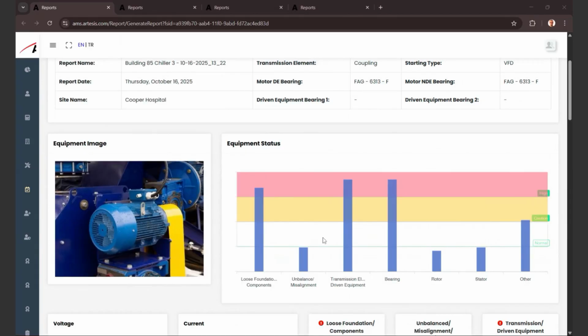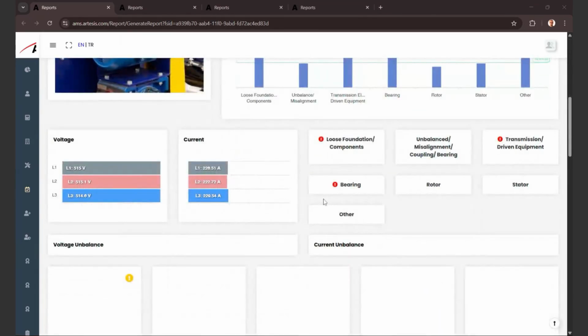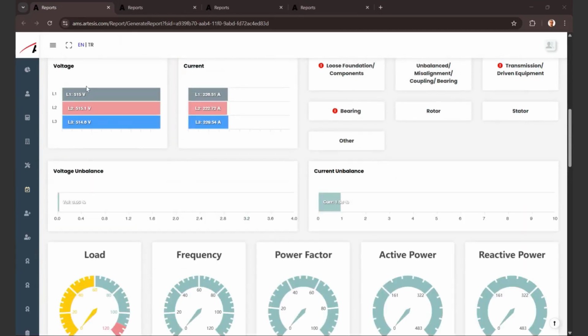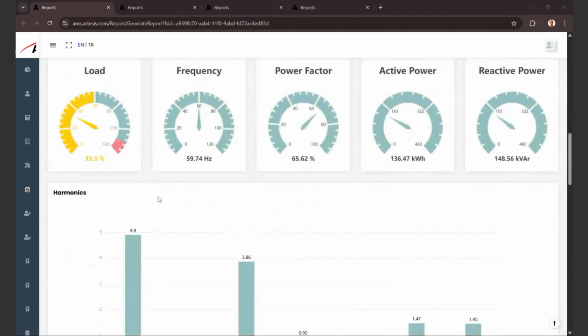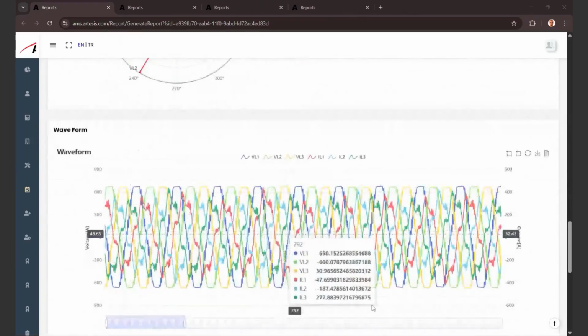So you already have automation here, which tells you where to look, whether your problems are electrical or mechanical. And also down here, you have all the electrical information: voltage, current, RMS values, power quality information, harmonics. You have your phase diagram, and you have your waveform, which is sampled at 10 kilohertz.